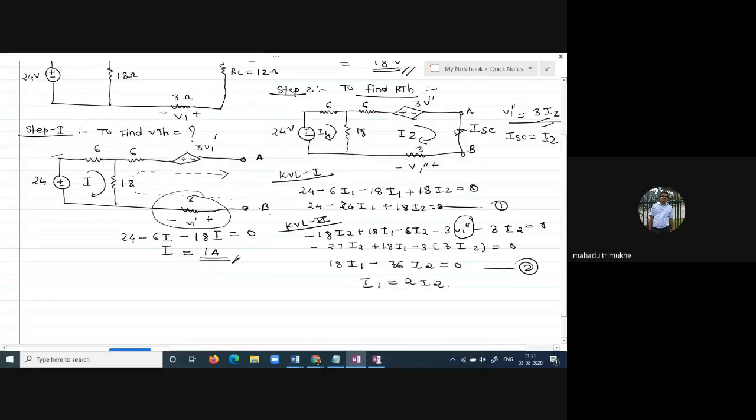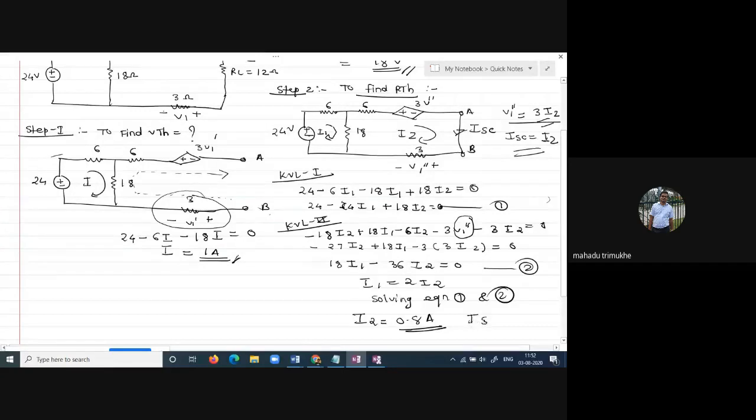If you solve equation number 1 and 2, then you can easily get the I1 or I2 value. But I2 is nothing but your ISC. So after solving equations 1 and 2, you'll get I2 equal to 0.8 ampere. That is nothing but your ISC.